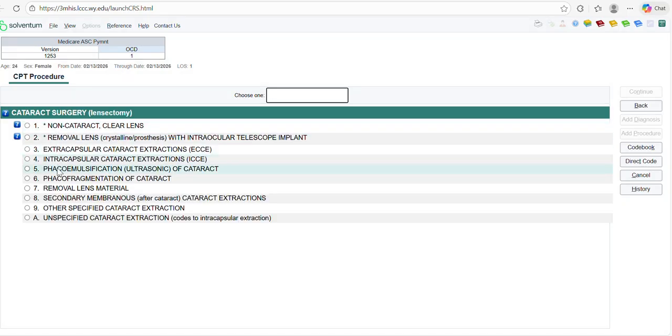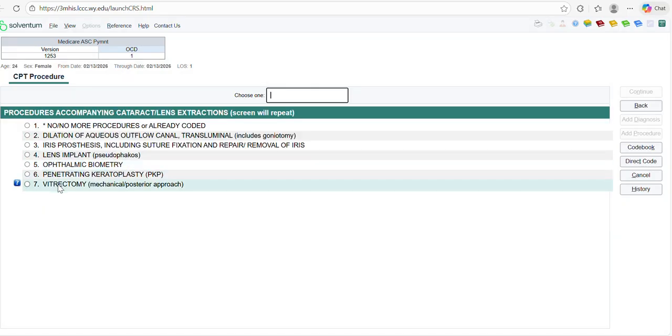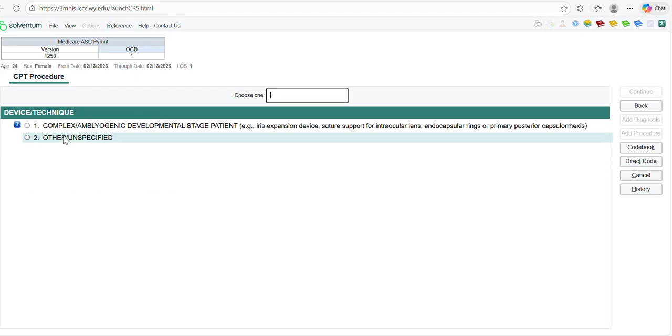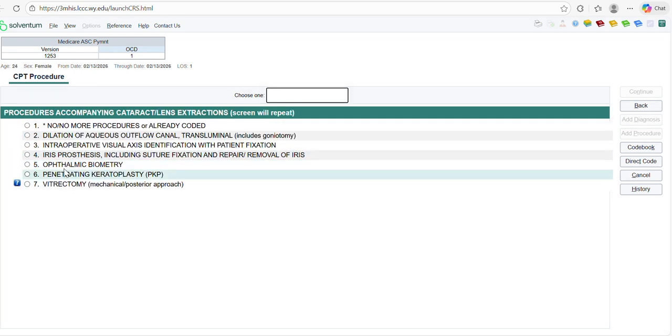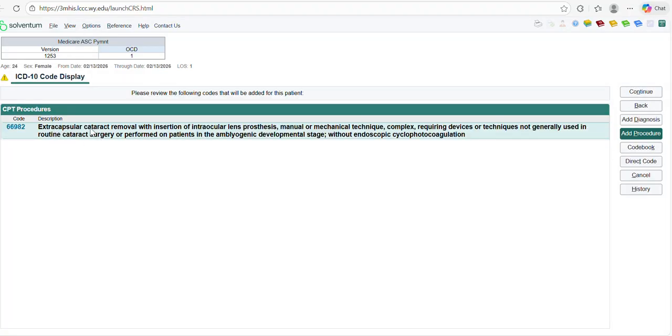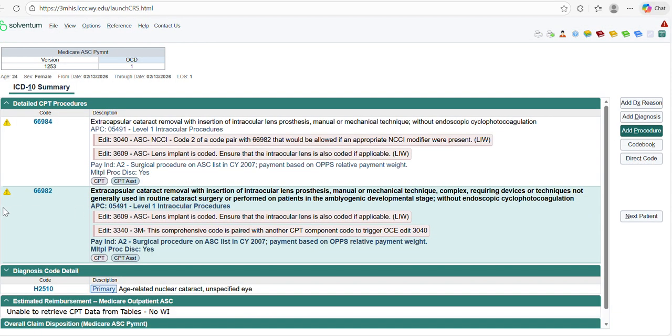If there is no phacoemulsification, vitrectomy, lens implantation synchronous, complex, iris expansion device, suture, endocapsular ring, primary capsular access, while these are present, then we have to choose this. This will come as a complex cataract procedure. So guys, this is a complex procedure.